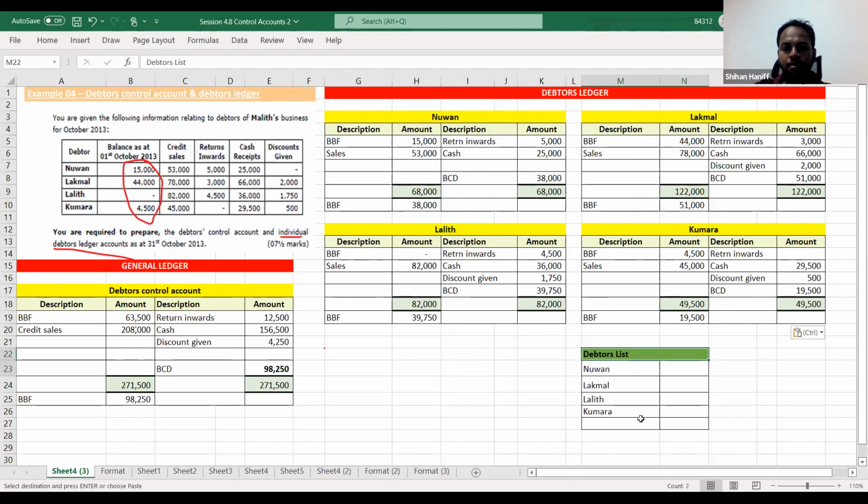And finally, you have to do something called a debtors list. In this debtors list, you have to take the closing balances of each individual account. And the final balance should be equal.